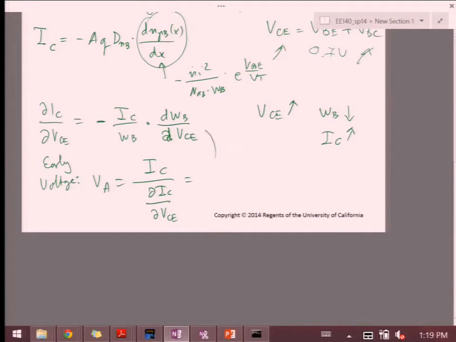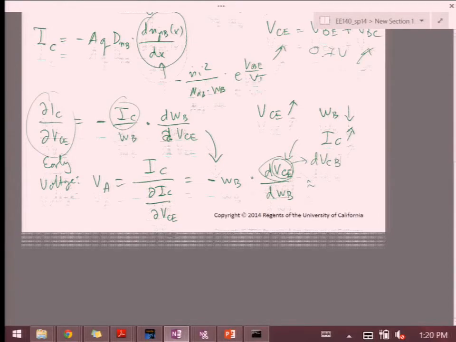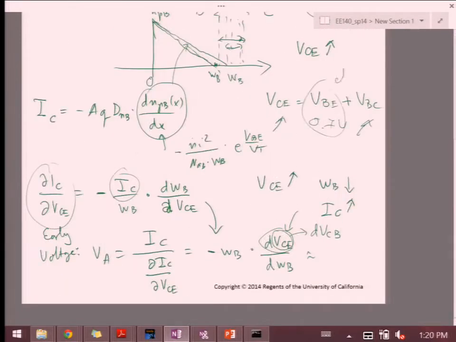And then from this equation here, I have IC, I have the gradient. So this is just going to be WB dVCE or dWB. And of course, this delta VCE is really just delta VCB. Keep in mind that this is constant, right?